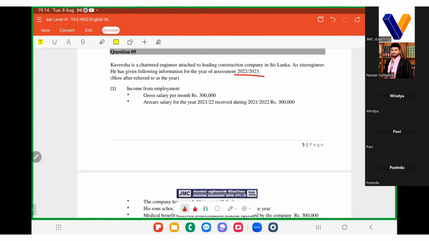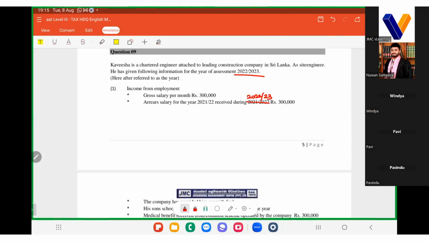Not only that, there is arrears salary. The arrears salary in 2021 and 2022 was received during the year of assessment 2022 and 2023, with a small correction here.